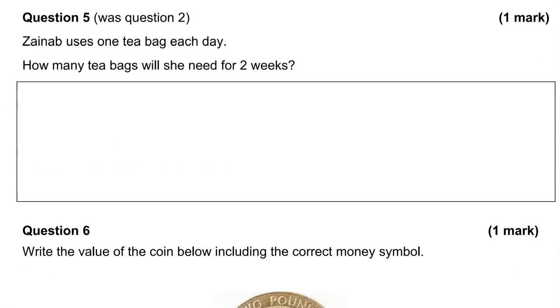Zainab uses 1 tea bag each day. How many tea bags will she need for 2 weeks? So in 1 week there are 7 days, from Monday to Sunday. So in 2 weeks there will be 7 and 7.